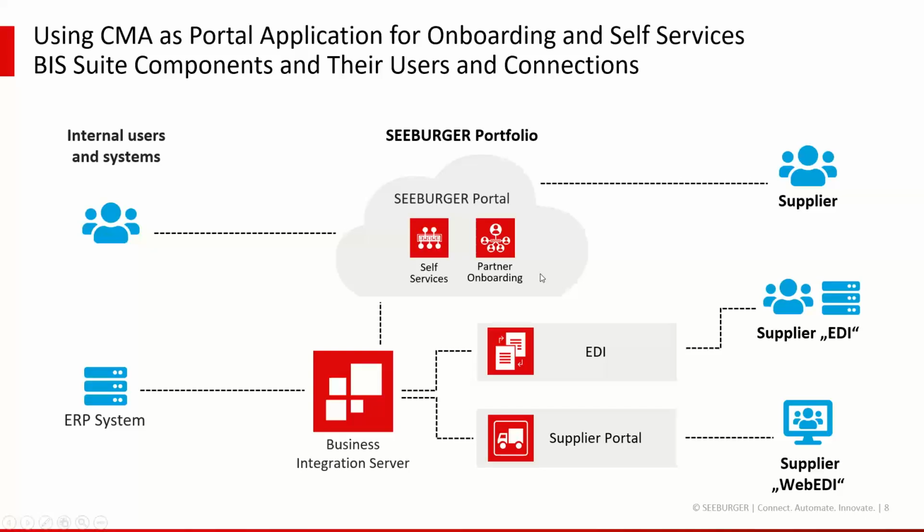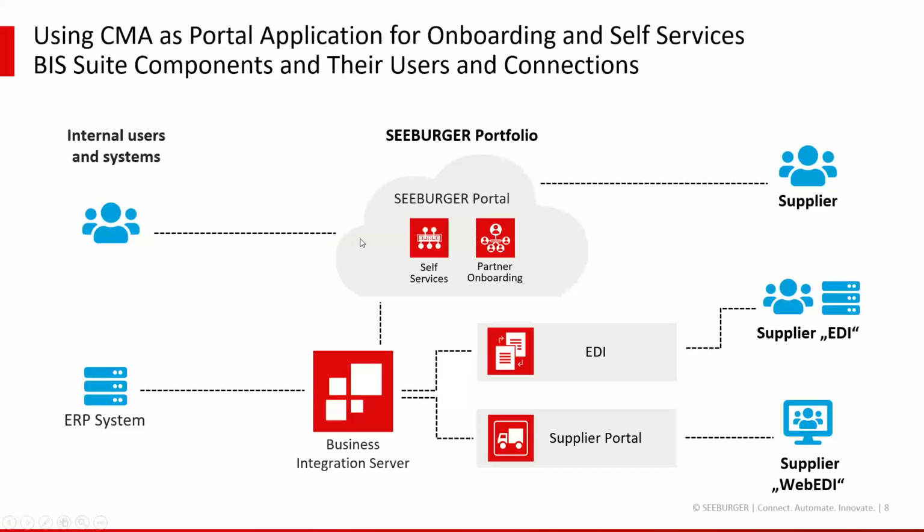Based on that selection and the master data that they enter in the portal, we configure your BIS, so that the data can be exchanged at the end via EDI or web EDI layer. If the supplier is registered in the portal, then you can provide them with further self-services, for example, to work through future certificate changes, etc.